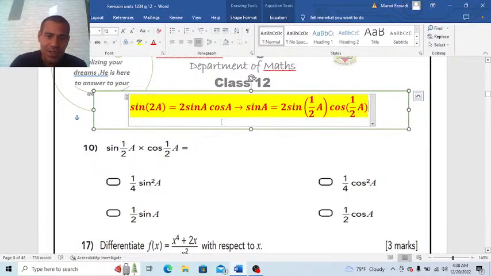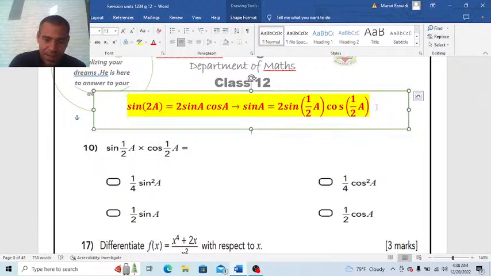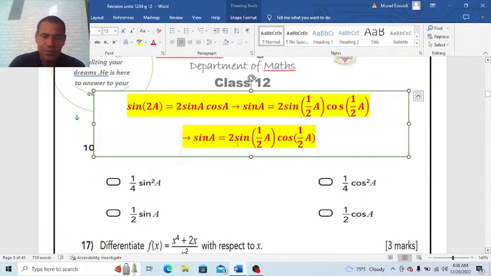But here in this equation, learners, we have sine 1 over 2a multiplied by cosine 1 over 2a. So to find sine of 1 over 2a cosine 1 over 2a, I should divide both sides by 2.